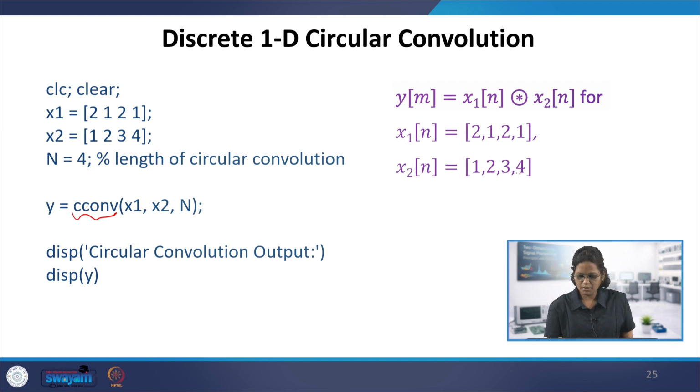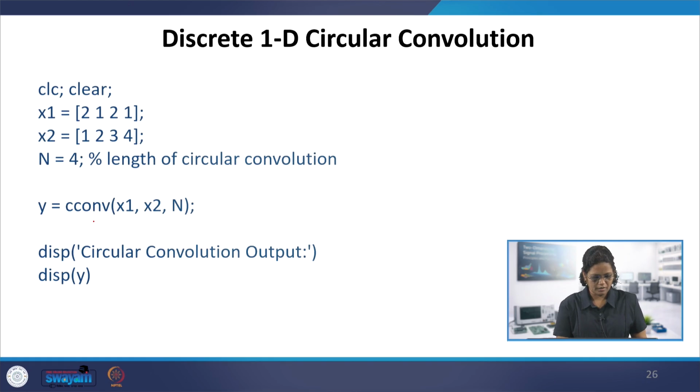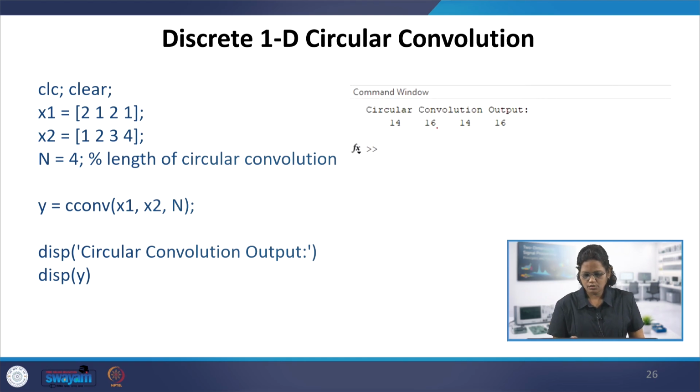For the example which we had done in the lecture, the circularly convolved output is 14, 16, 14, 16, which is the same thing we got. You only need to know the command: circular convolution of x1 comma x2 and n.